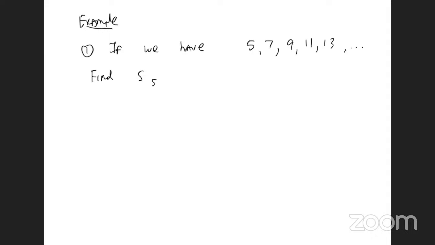What's the first term here and the common difference here? First term is 5, nice. And the common difference is 2. Okay? So let's do the long way. Add up all these numbers, please.